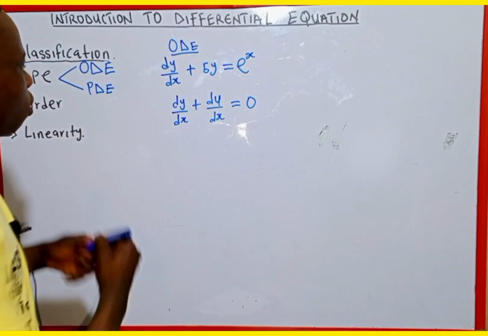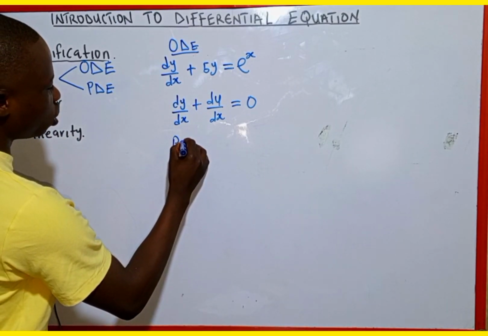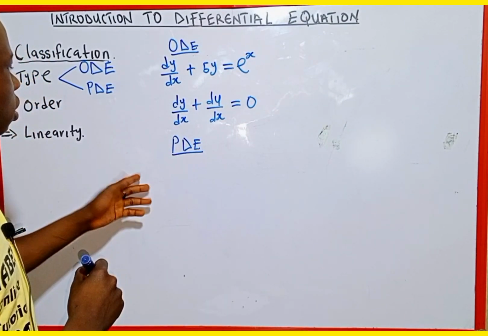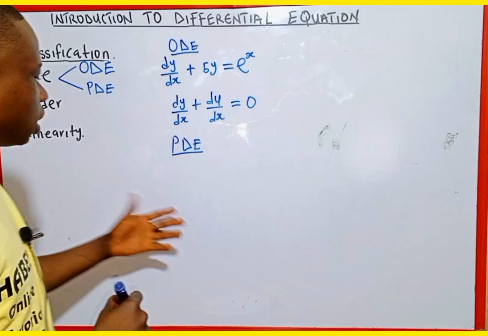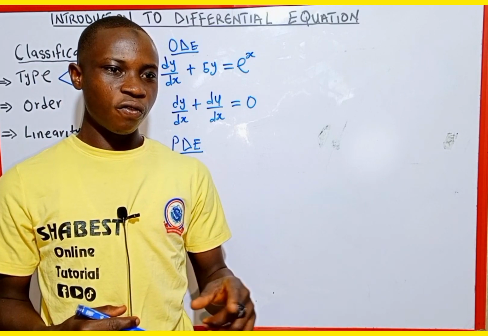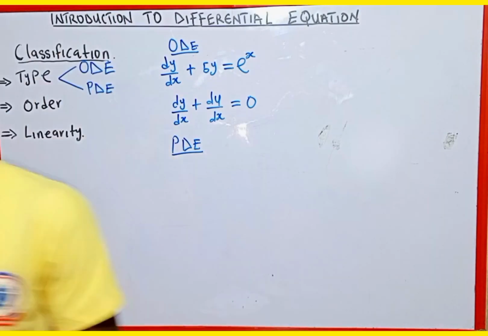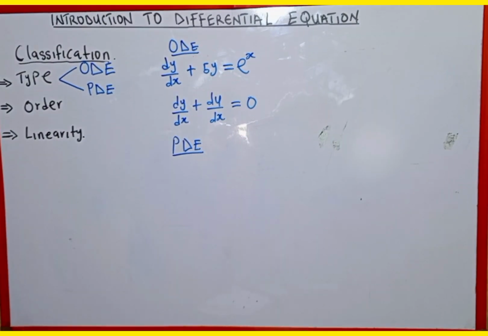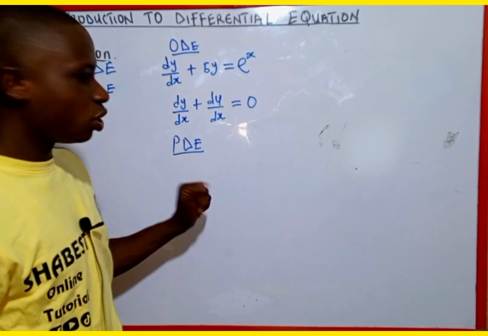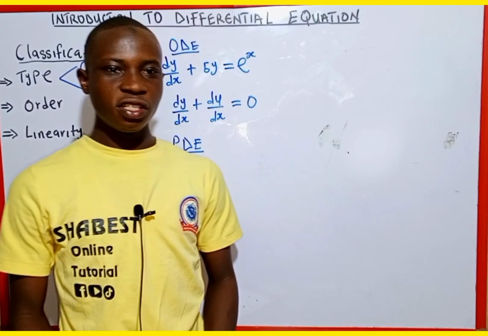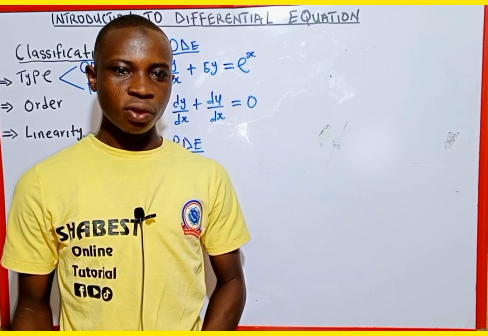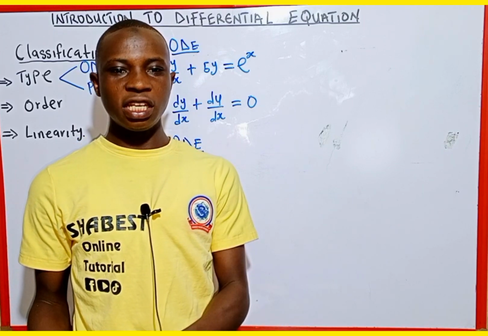Now let's move to the partial differential equation, PDE. A partial differential equation is an equation that contains the partial derivatives of one or more dependent variables with respect to two or more independent variables.